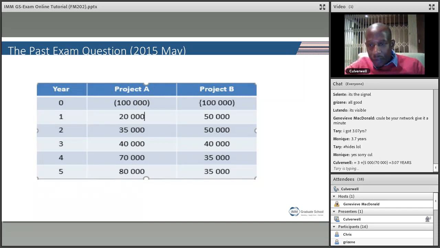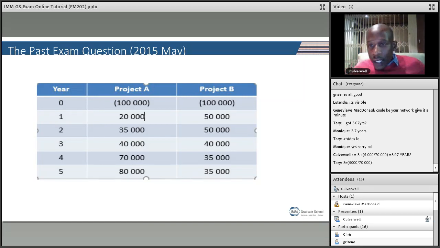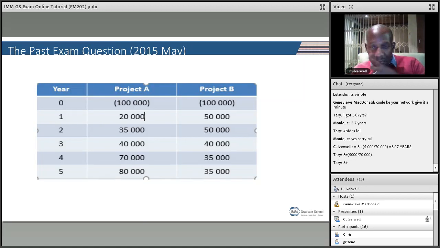Remember, let me show you how one would actually conduct this computation. This project required us to invest 100,000.